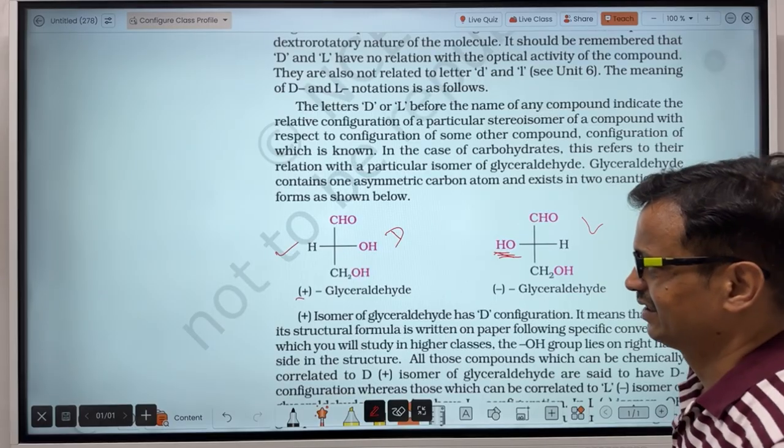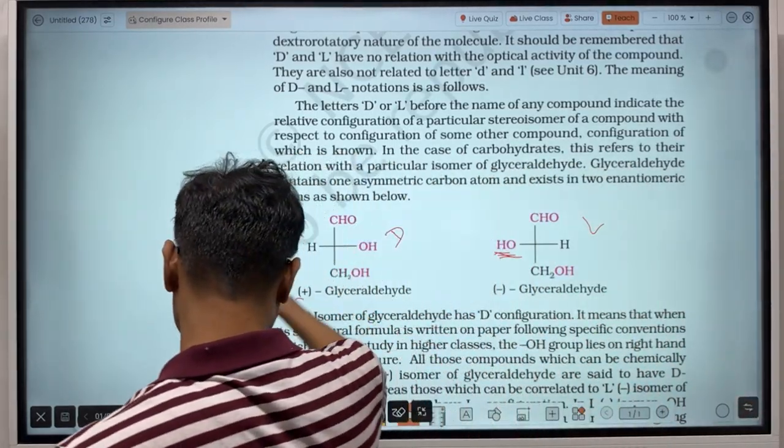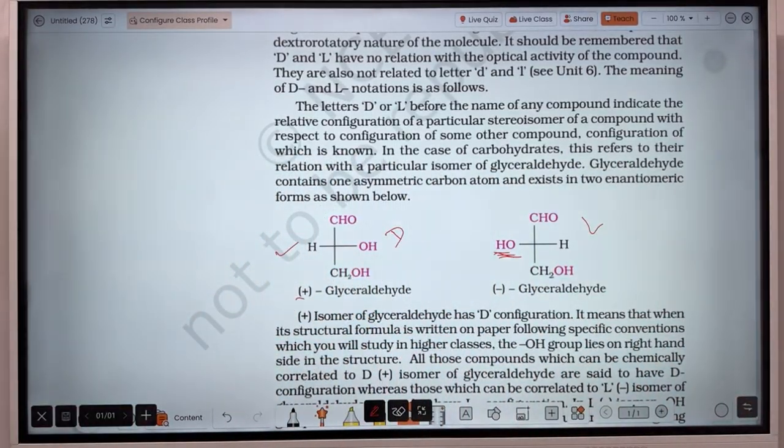So that's why, in case of glucose, we will draw the structure again.